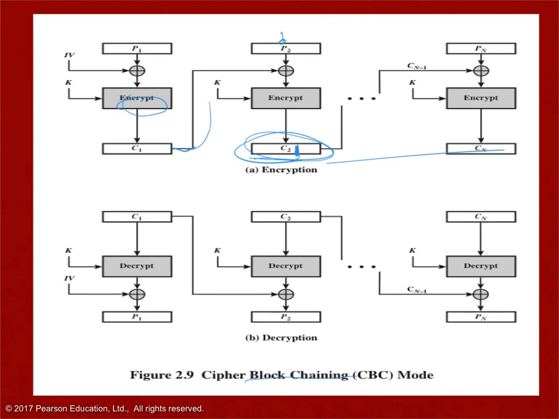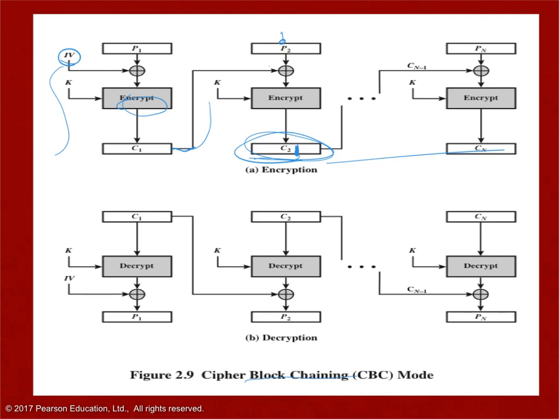So, of course, in the initial step, we don't have a previous cipher text. So here, we don't have a previous cipher text, so we need some arbitrary cipher text. We use what we call an initial vector. It's like when you use a variable, you have to initialize the variable, right?